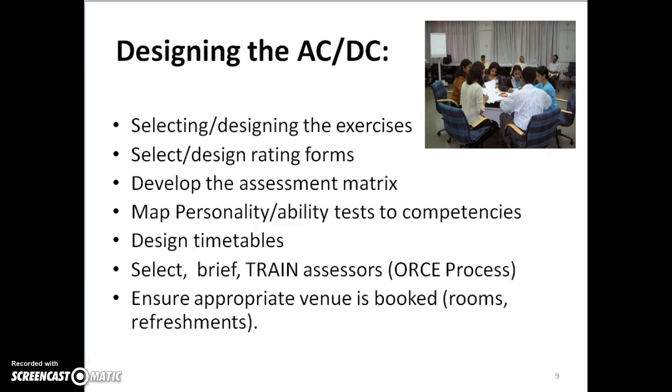Practically, you need to think about the steps that you need to take, and here they are really. We've pre-decided the venue for you, and that's been booked already, and so you know what rooms you have available, but you need to think about how you're going to use that space, and you need to think about all these other stages of the design process: selecting or designing the exercises, which you might develop yourselves, designing the rating forms that you're going to use and the assessment matrix, the very practicalities of putting the timetable together, and then also thinking about training the assessors.